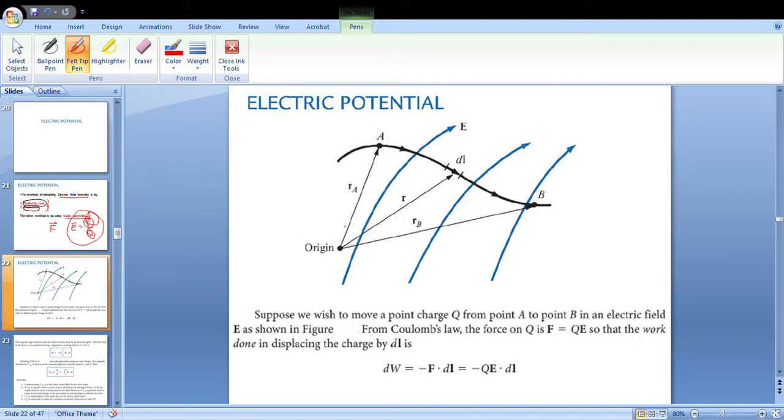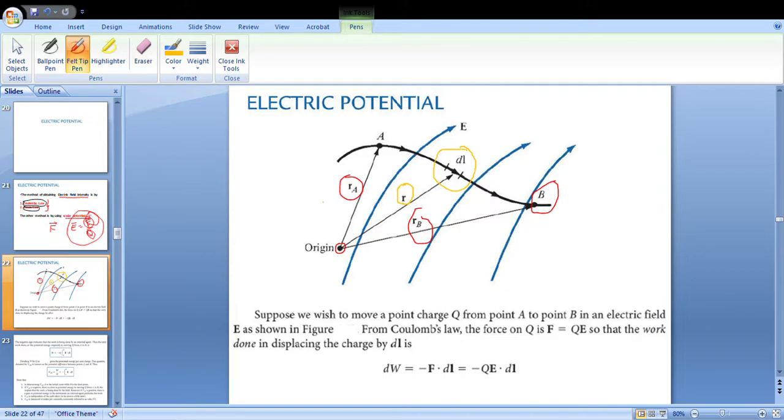Now, this is the position vector of A. Since this is the origin, RA denotes the position vector of point A, and RB denotes the position vector of point B, right? And this R is nothing but the position vector of the differential length we have considered.